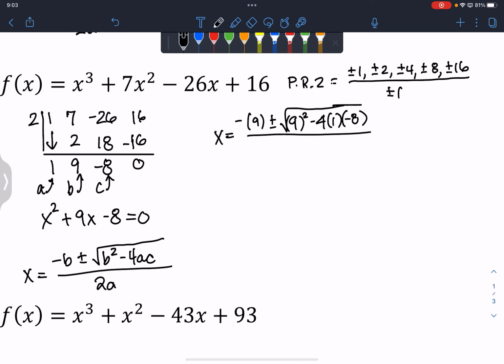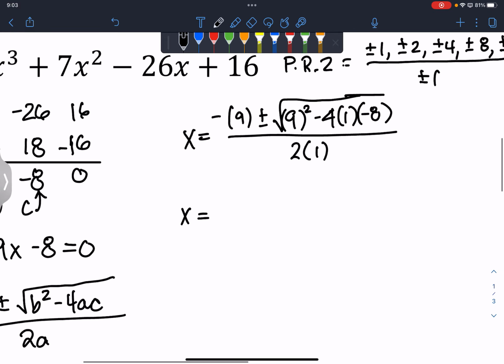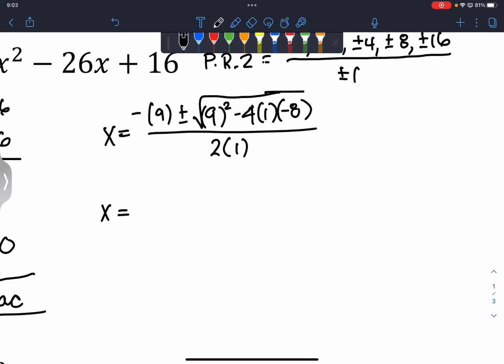This is divided by 2 times a. Let me zoom in a little bit more. And the opposite of 9 is negative 9.